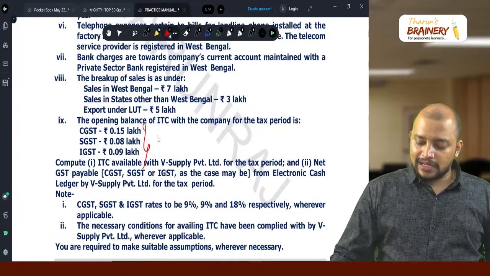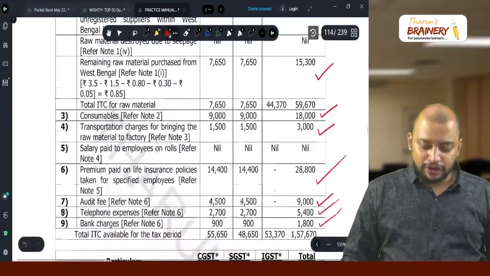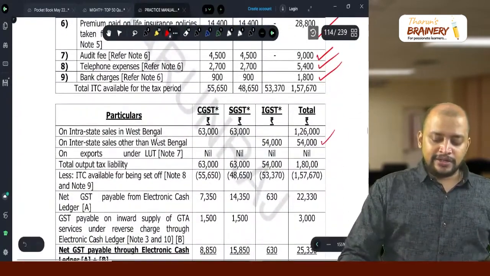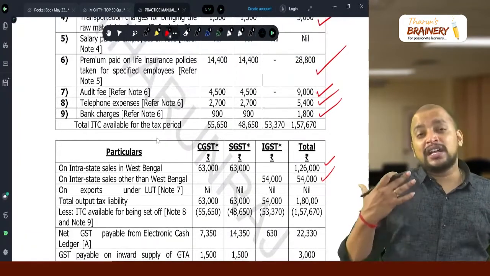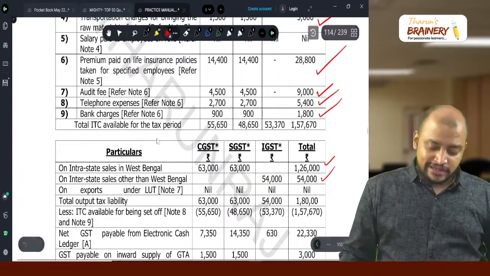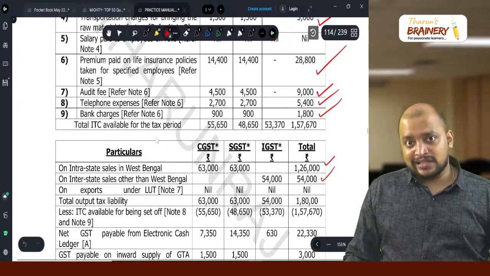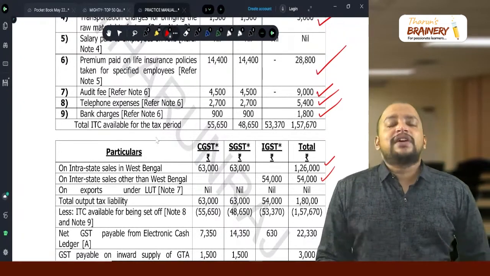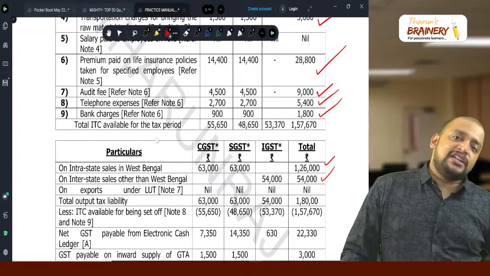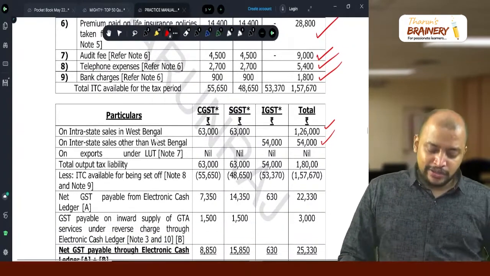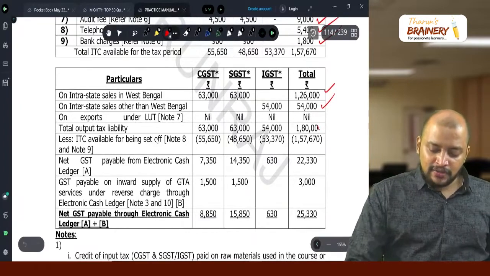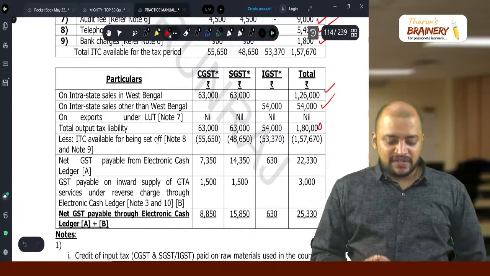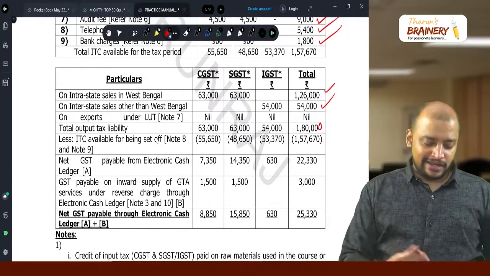On 3 lakhs, it will be 18%, 54,000. Then export under LUT, no GST. Export under bond or LUT is without payment of GST, so that is nil. And the total output liability will be 1,26,000 plus 54,000, 1,80,000.